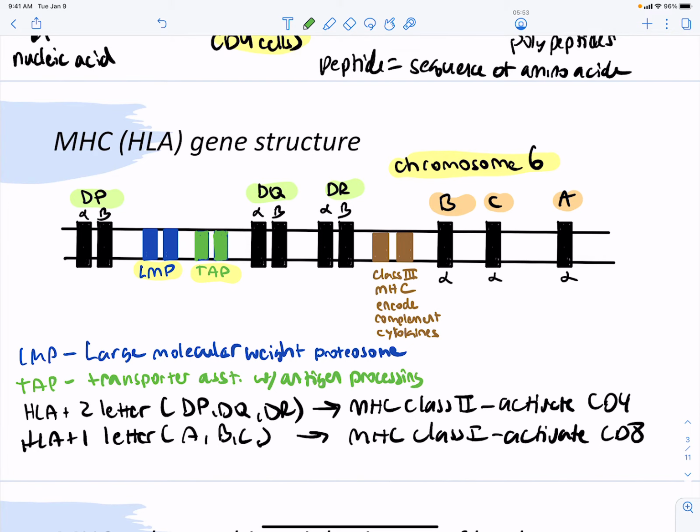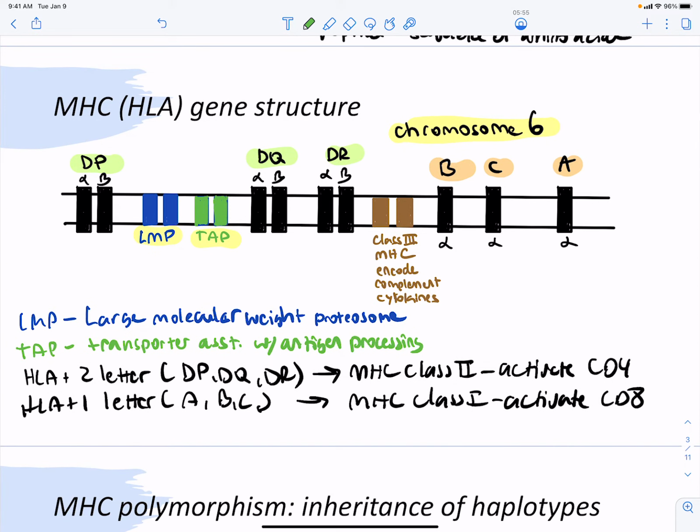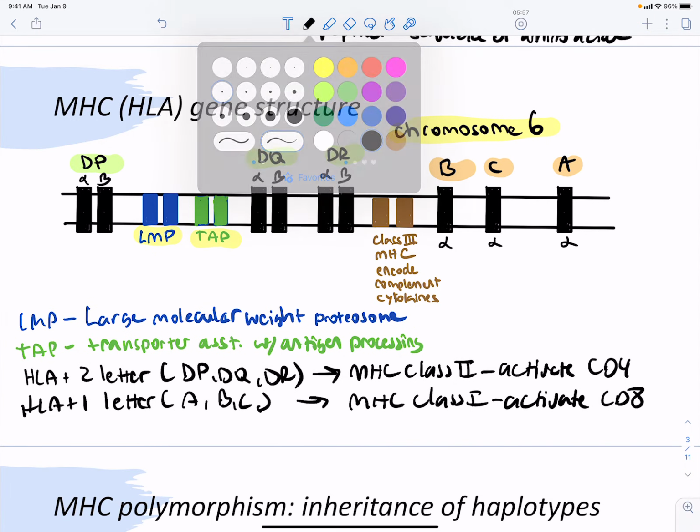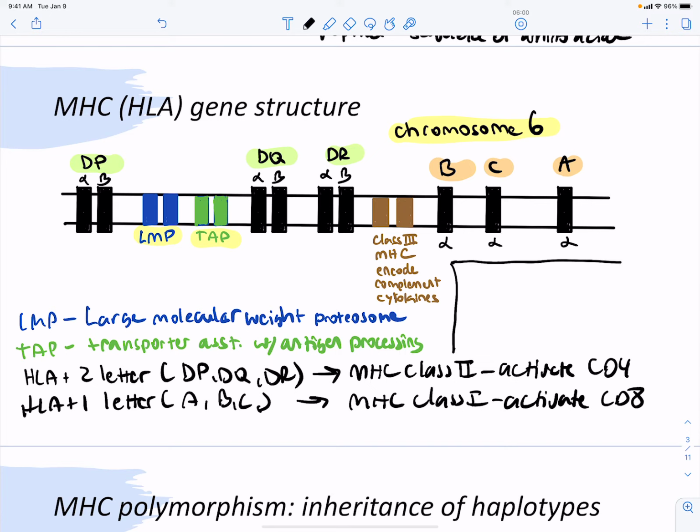Just for a little bit of reference to cell biology, under conditions of normal, and then you have infected.